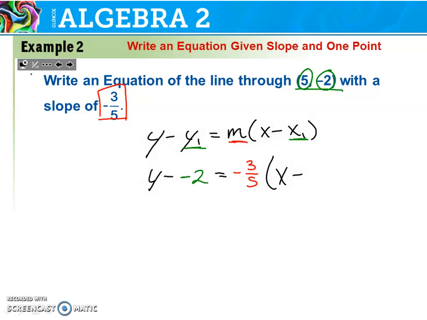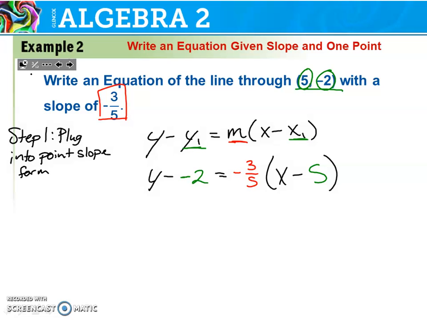My x sub 1 up here is a 5, so x minus 5. I didn't really give you any steps, but your step 1 is really just to plug in to our point slope form. So we're just going to plug it in.